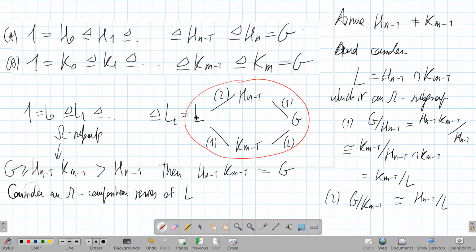If you don't consider this omega concept, suppose for instance you are talking about normal series, in which not only each subgroup is normal in the next, but each subgroup is normal in G. So you proceed by induction: L is smaller, so it will have a normal series.